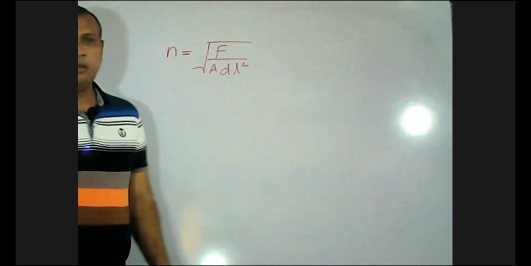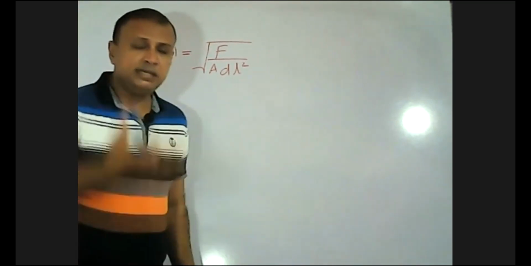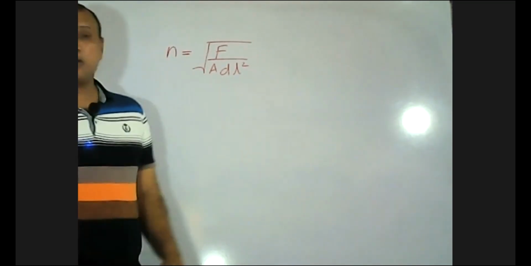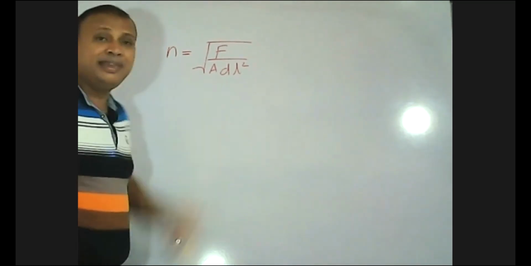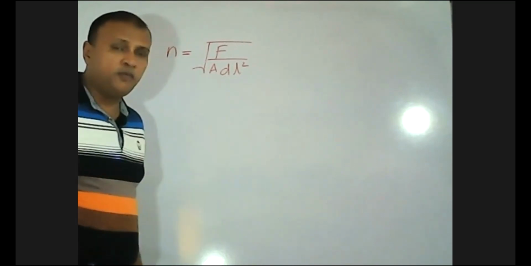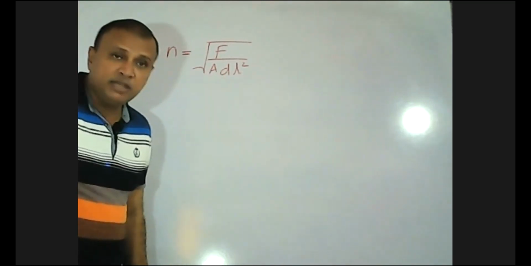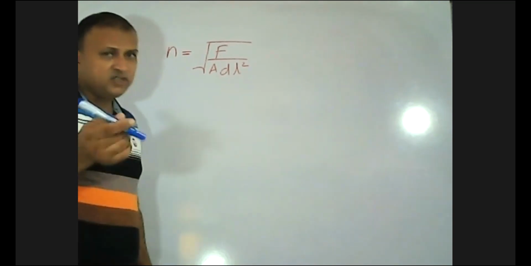Then we are asked to find what is the physical quantity represented by N. If you want to find the physical quantity, then you should find the dimension of N. That is the easiest way.